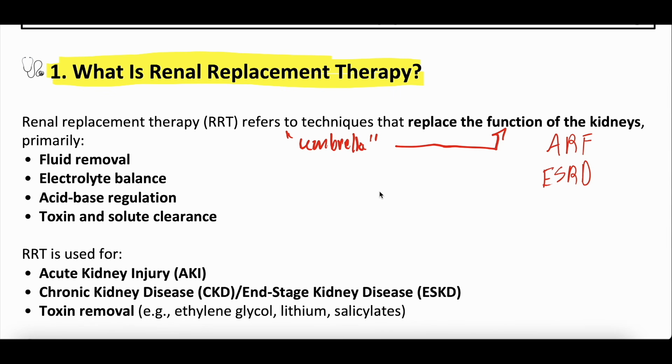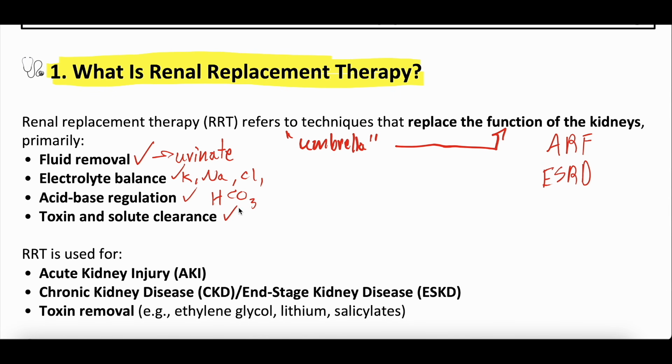And the function of the kidneys, as many of us know, are several-fold. One is fluid removal, right? We all urinate. You got to get rid of some fluid from the body. Electrolyte balance, potassium, sodium, chloride, all the electrolytes you can imagine. We'll talk more about bicarbonate below. Acid-base regulation is a big one. Our kidneys help us with the buffering system, primarily through bicarbonate, HCO3.